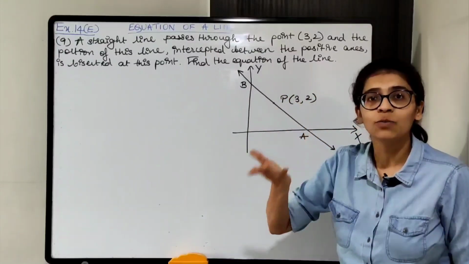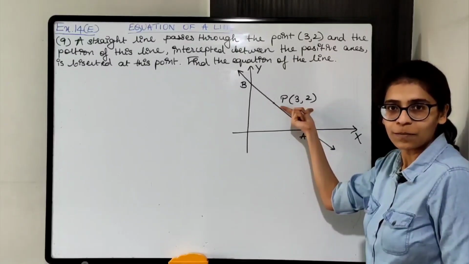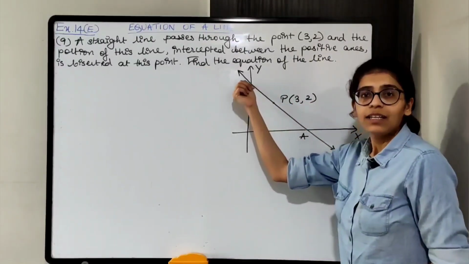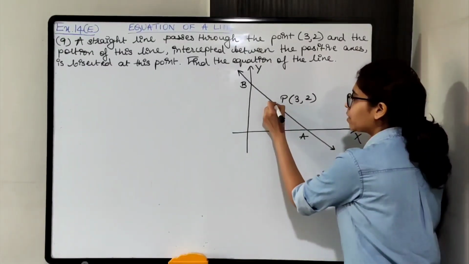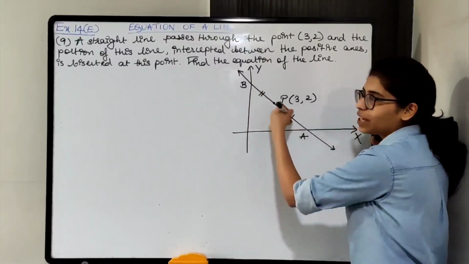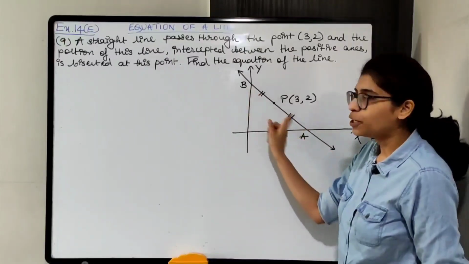It is bisected at which point? P. So AB is being divided into two equal parts by point P, that is, it is the midpoint of AB. So P is the midpoint of AB.